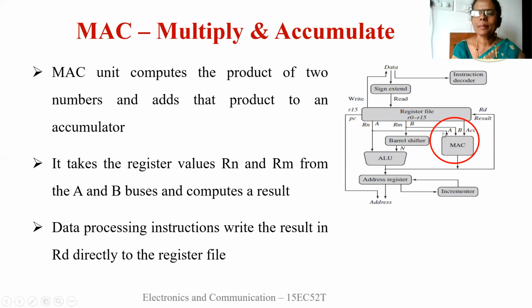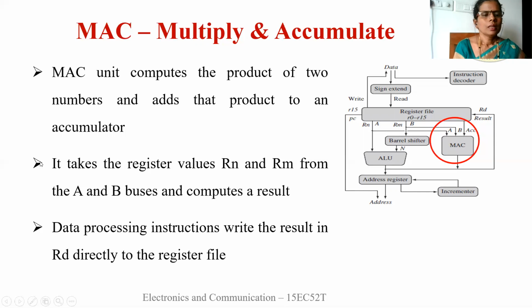One operand is coming on bus A and one operand is coming on bus B. These two operands are multiplied, and the product, A into B, is added with the content of the accumulator, which I have marked as ACC. The result is stored, once again, in the destination register.